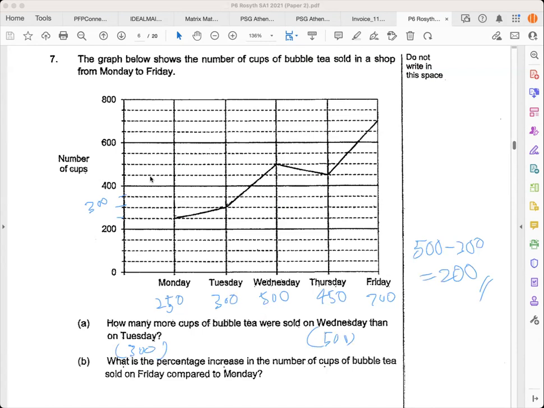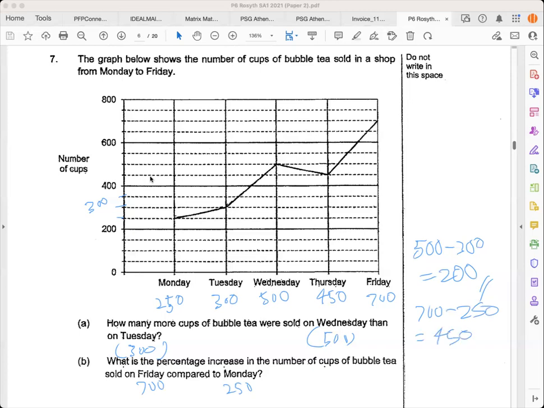Now, part B, what is the percentage increase in the number of cups of bubble tea sold on Friday compared to Monday? Friday is 700 and Monday is 250. So the increase is 700 minus 250. That will give you 450.